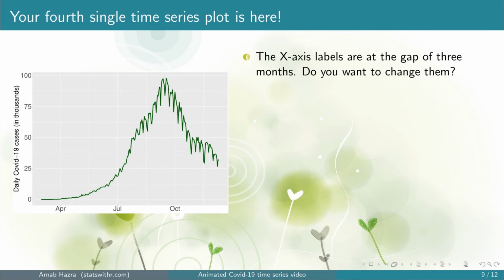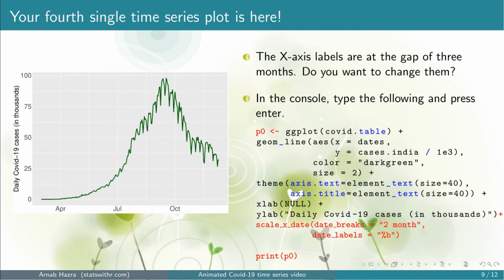Next, note that the x-axis labels are at the gap of 3 months. You might want to change it, for example at the gap of 2 months. To do that, add scale_x_date(date_breaks equals "2 month", date_labels equals "%b") within quotes.